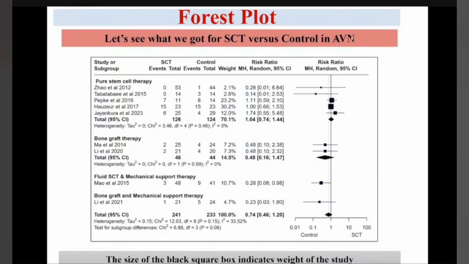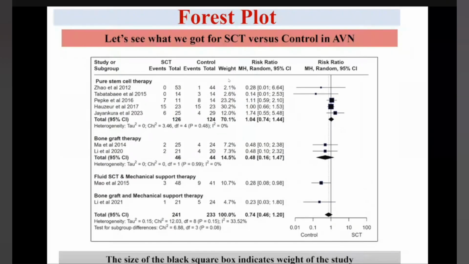Avian is avascular necrosis, a bone disease, necrosis of the bone, where bone at the joints gets degraded. We gave stem cell therapy to 53 patients and found zero events of avian. In control, we had 44 patients, and only one patient got avascular necrosis. So this shows that stem cell therapy is better than the control.